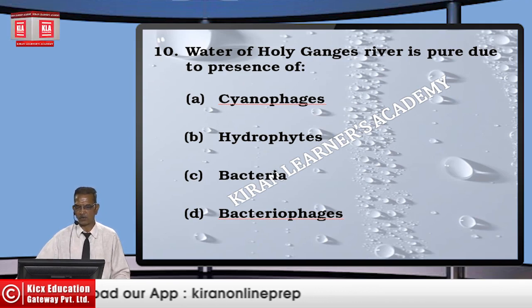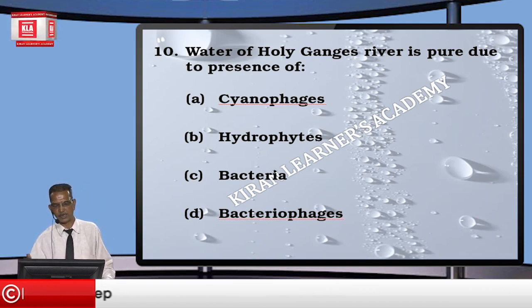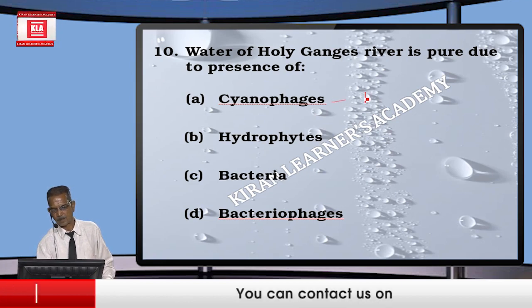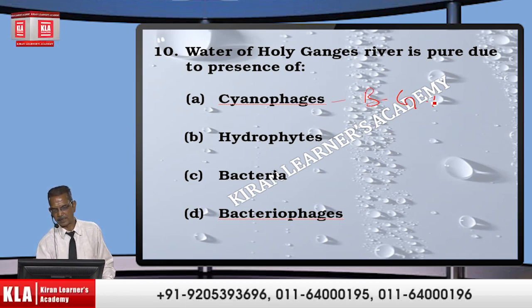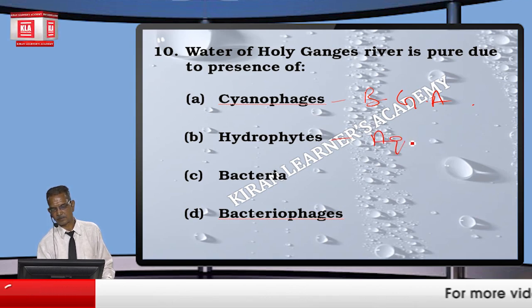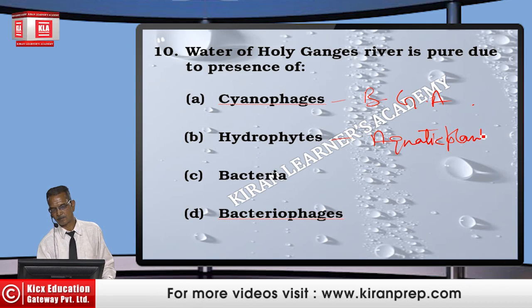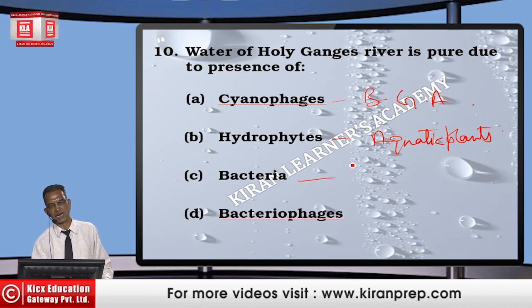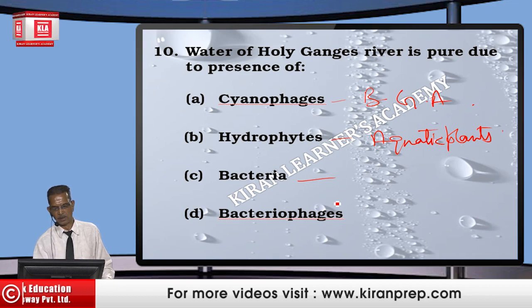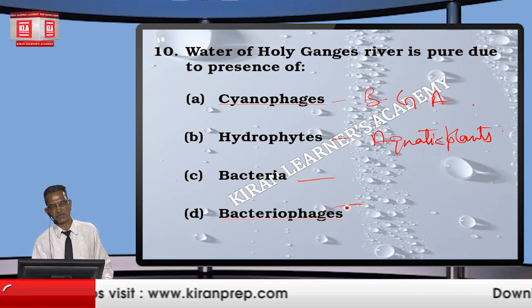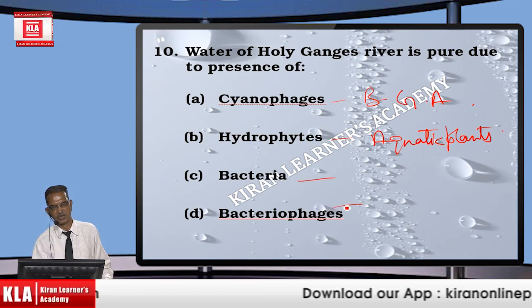Is it because of the cyanophages? Cyanophages are blue-green algae, cyanobacteria. Hydrophytes are the plants, aquatic plants. Bacteria are as it is, they can be useful, they can be harmful, or can be disease causing. Bacteriophages are the viruses which infect the bacteria.